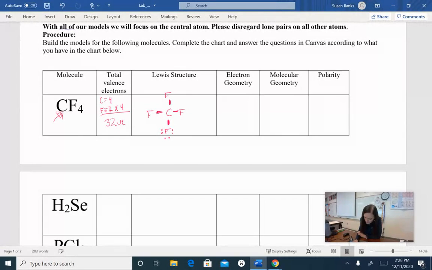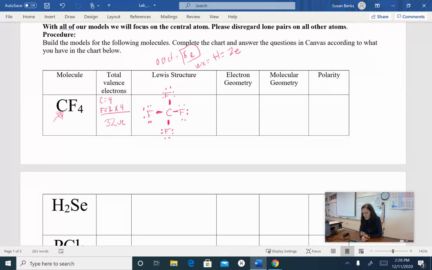So I'm going to put in a lone pair, 3 lone pairs for each of these fluorines. Then fluorine has its octet too. Remember, we always want an octet, or 8 electrons around each atom, except helium or hydrogen. They just need 2.